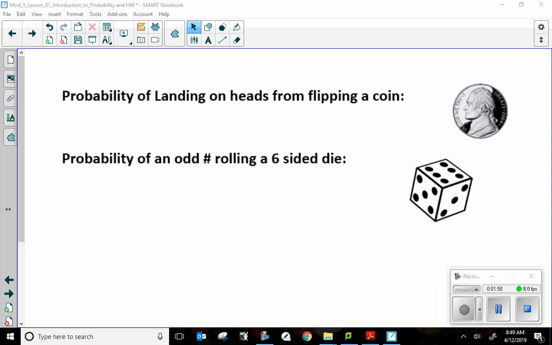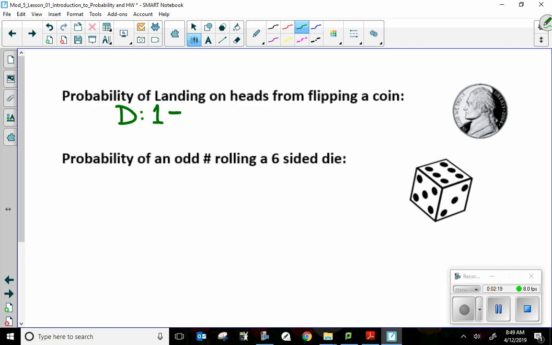A coin and one dice, which we call a die, which took me a while to get used to, but hey, that's proper English, correct? So, the probability of landing on heads from flipping a coin. My desired outcome, I only have one option: heads. The total number of possible outcomes when flipping a coin is 2.